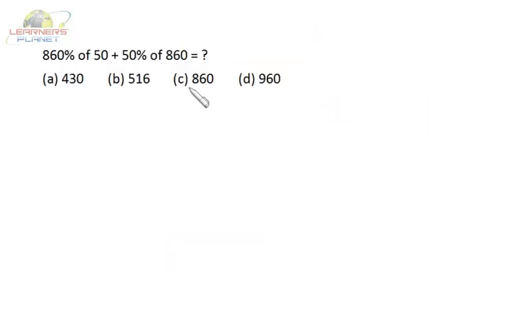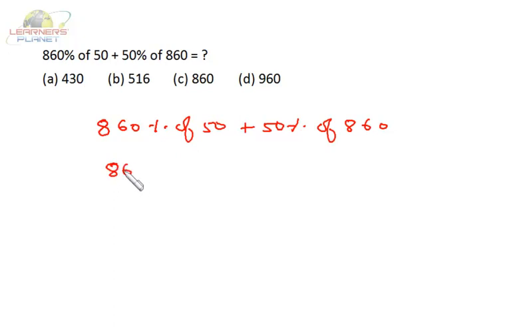Now friends, let's see this problem. 860% of 50 plus 50% of 860. What generally people do, they just start writing 860% of 50 plus 50% of 860. Then in the next step they'll be writing 860 by 100 into 50 plus 50 by 100 into 860.